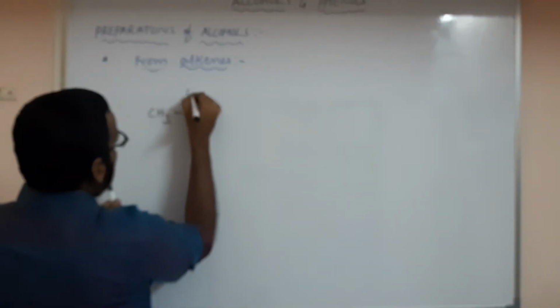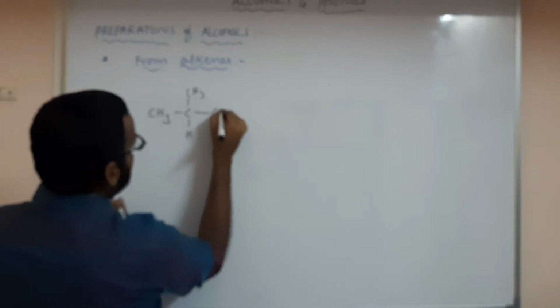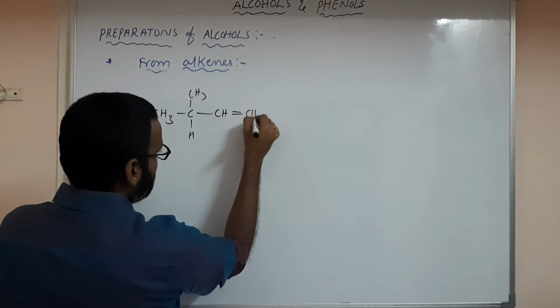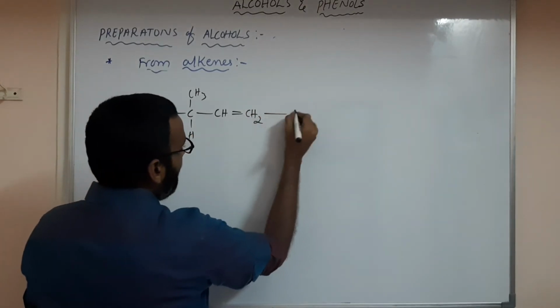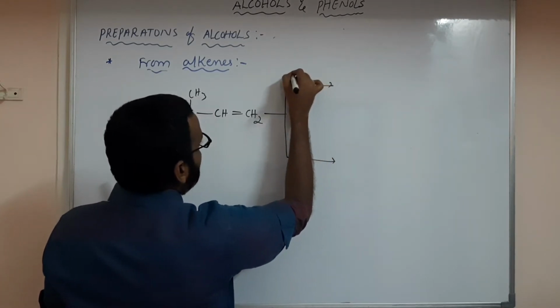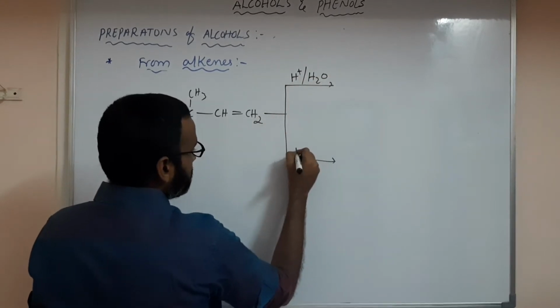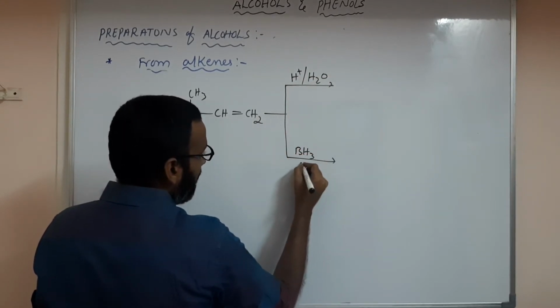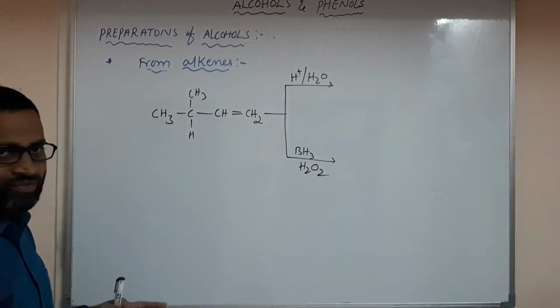Suppose, as I said previously, you have CH3 and CH3, and here you have H, and here CH double bond CH2. I am adding two reagents: one is H plus with H2O, and one is BH3 with hydrogen peroxide. What is the main difference?